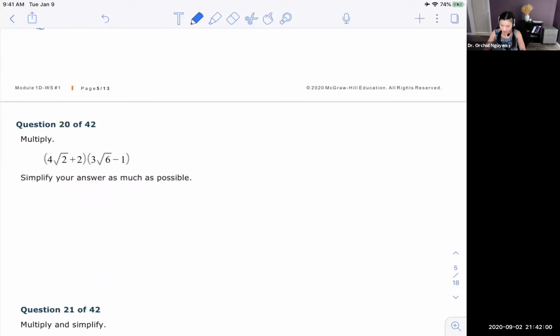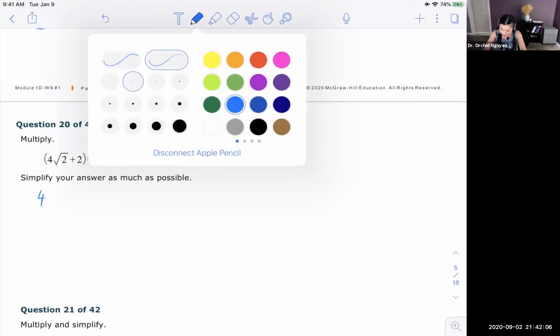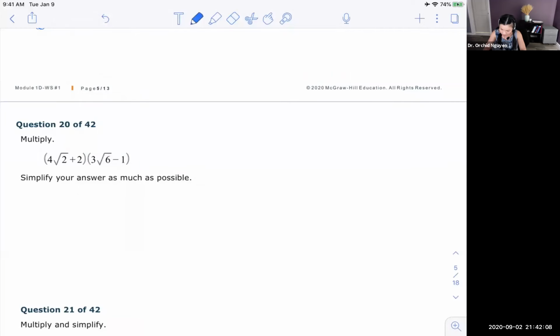Okay, so I'm going to FOIL 4 times 3, 12 square root of 12, minus 4 rad 2, plus 6 rad 6, minus 2.